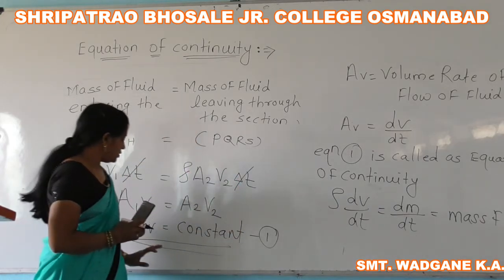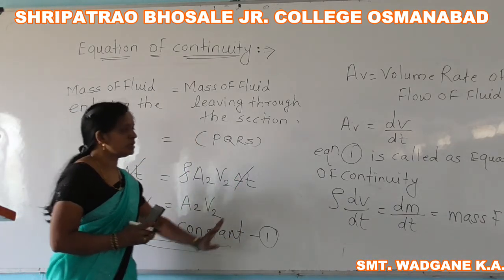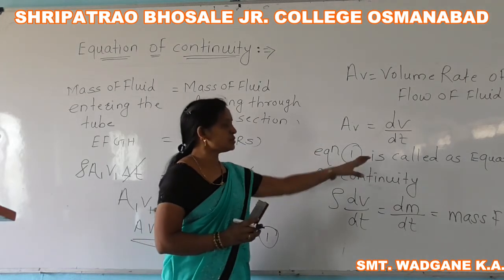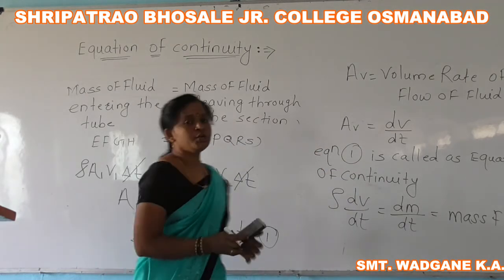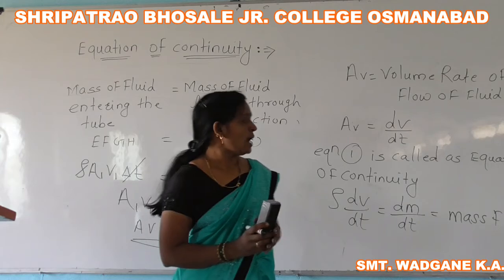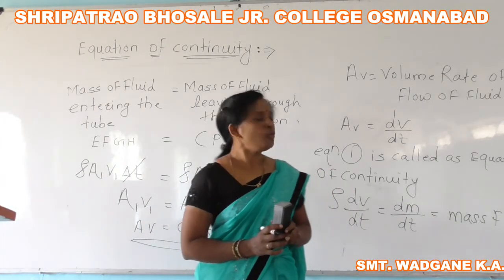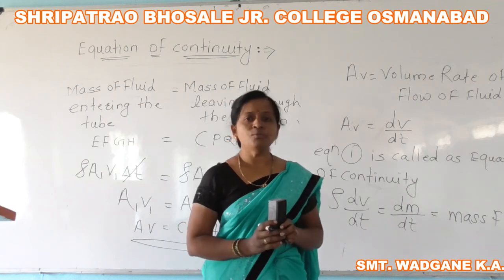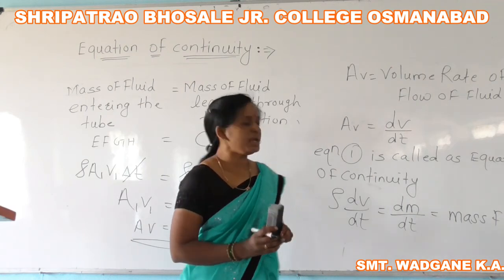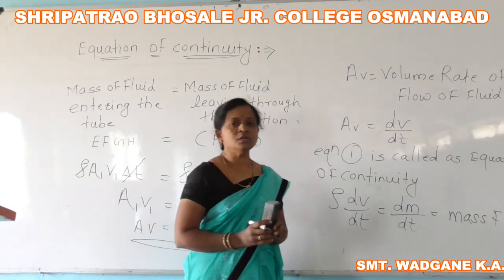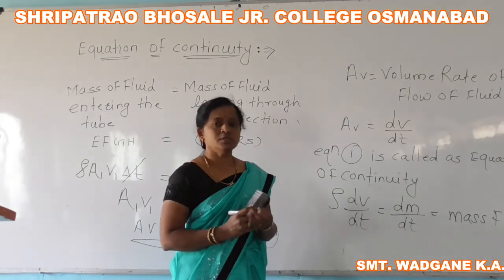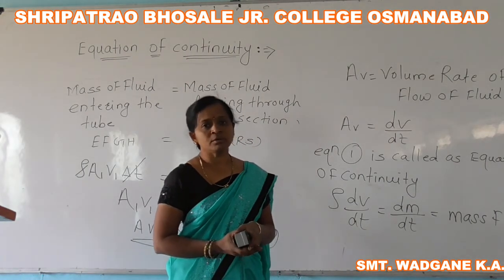In this equation, the mass flux is constant, and this is the equation of continuity. In fluid dynamics, the rate of flow of volume with respect to time remains constant throughout the system. This is about the equation of continuity.